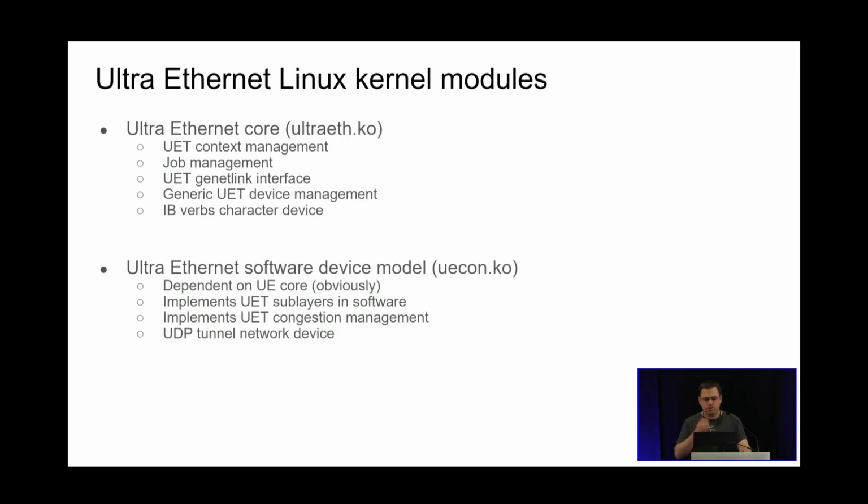The software driver is modeled after a Linux UDP tunnel network device, since Ultra Ethernet is carried over UDP mainly. It also implements congestion management, and it implements all of the Ultra Ethernet sublayers in software. Obviously, it's dependent on the UE core code.